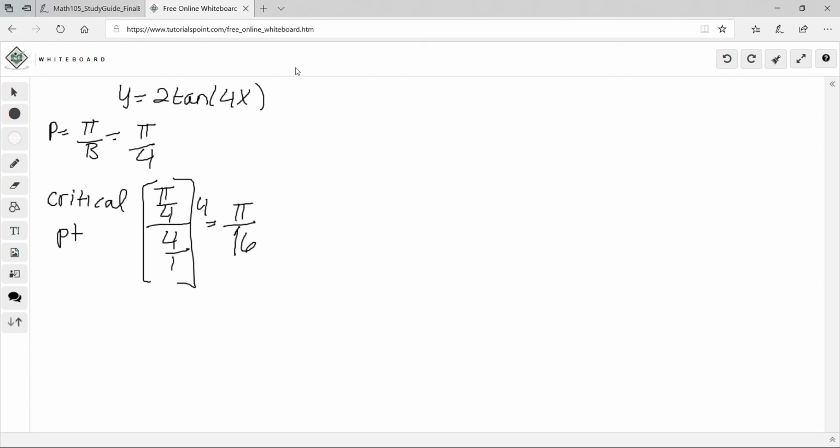Now, we've got to find our vertical asymptotes. Our goal is to get pi halves and 3 pi halves for our x values, because that's when it's undefined, right? Because pi half is (0, 1), and if you take the tangent of that, you get undefined.